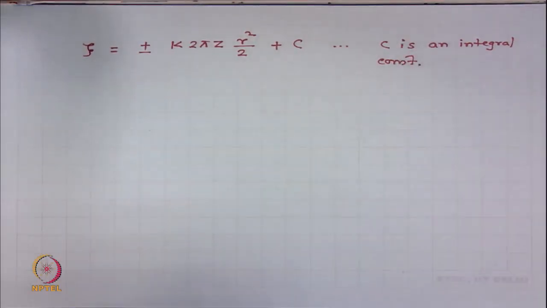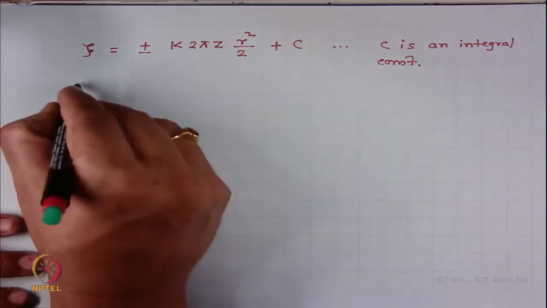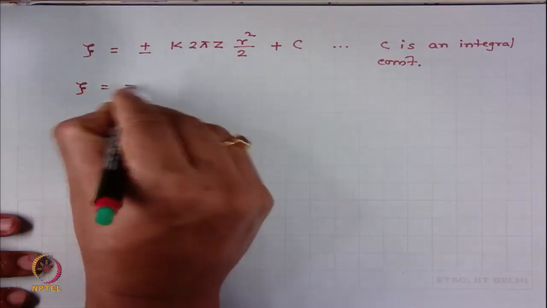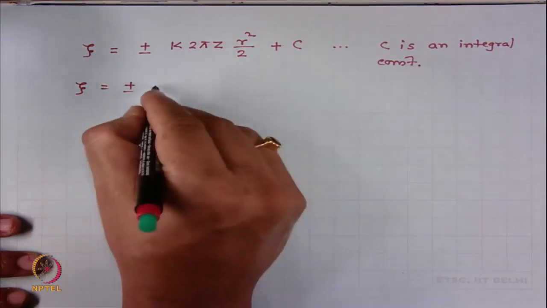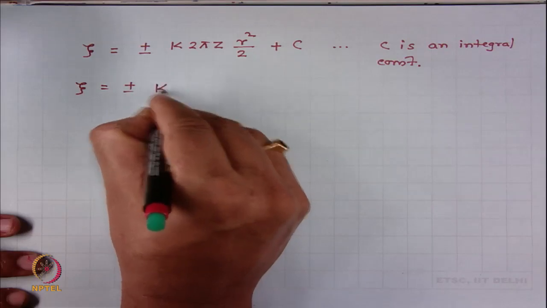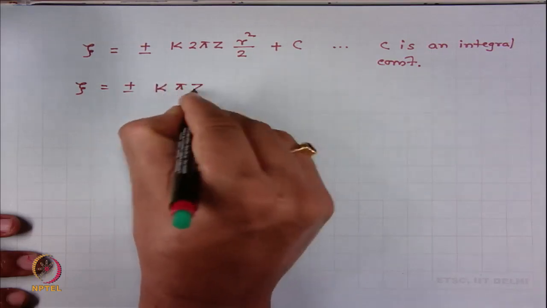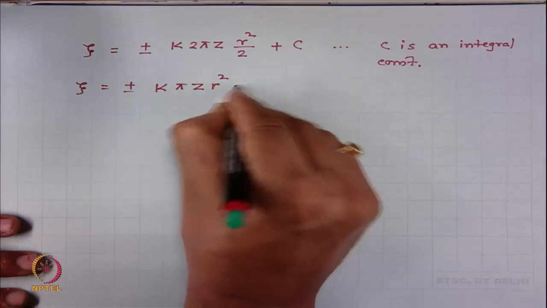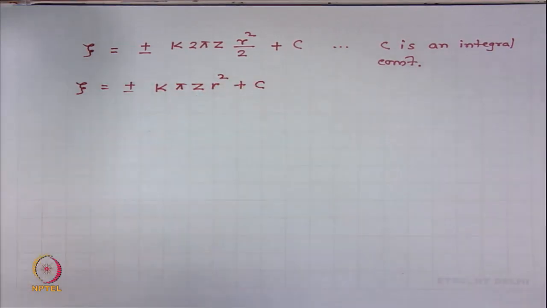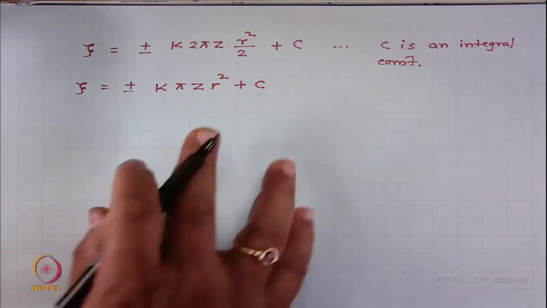So, zeta is equal to plus minus k pi z r square plus c. So, this integration is possible.